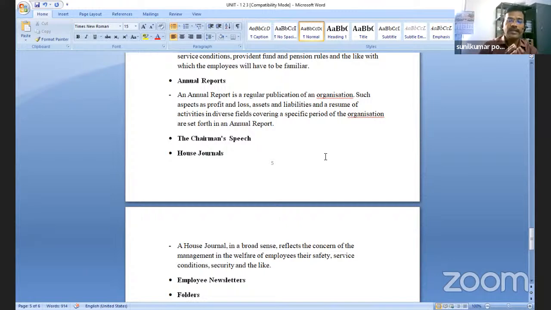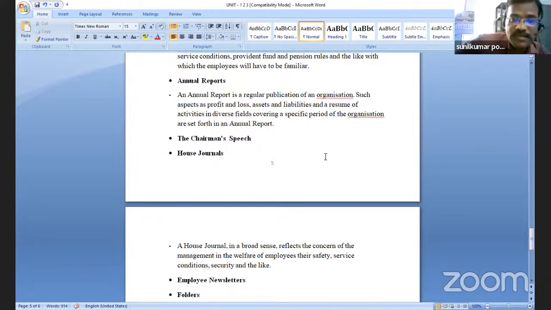So in the chairman's speech, he will give some bonuses, some profits, some employee friendly information, some leaves. Sometimes we see the achievements of the company. All this comes under the chairman's speech.